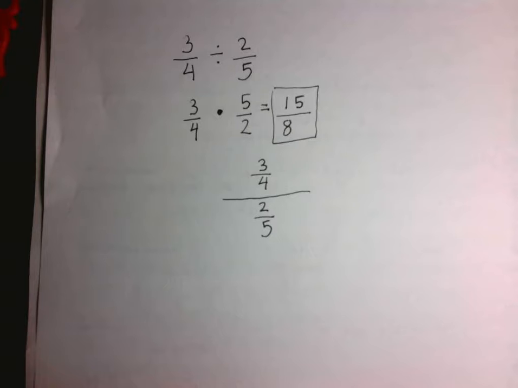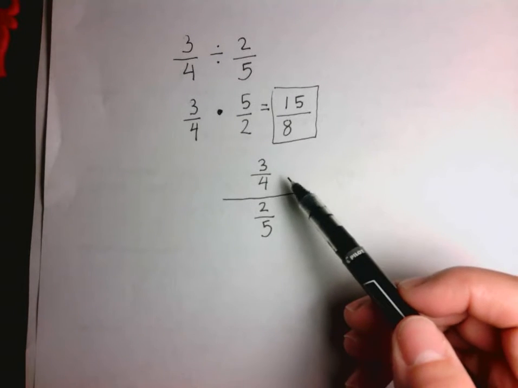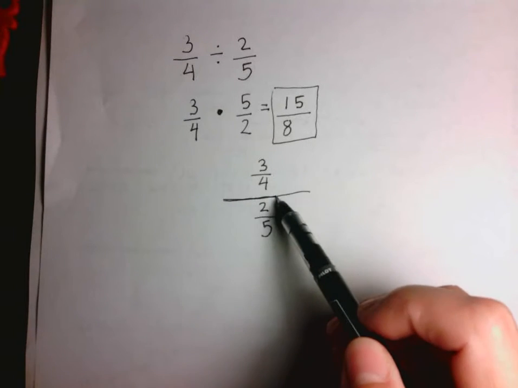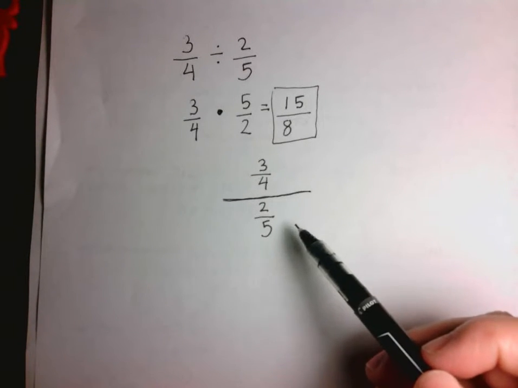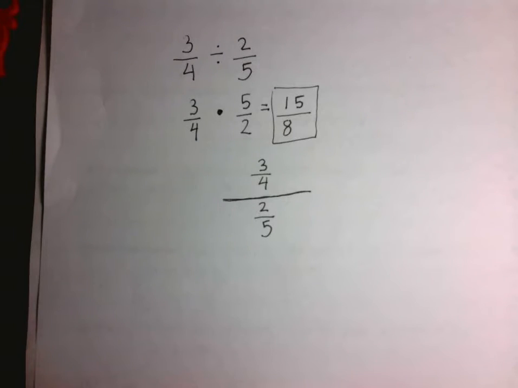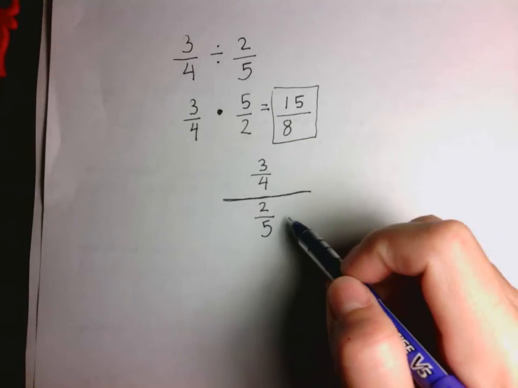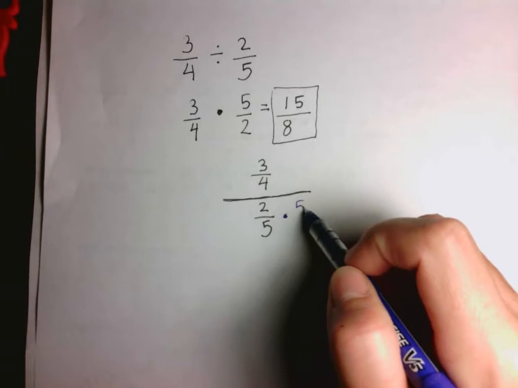Okay, so I've got 3/4 over 2/5. 3/4 divided by 2/5. A fraction is a division bar. Well, I want my denominator to be 1. How do I get my denominator to be 1? I multiply by the reciprocal.